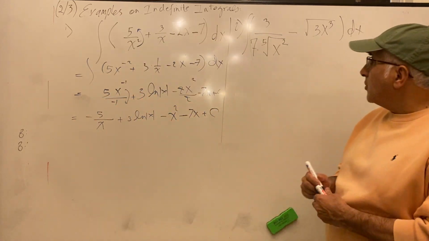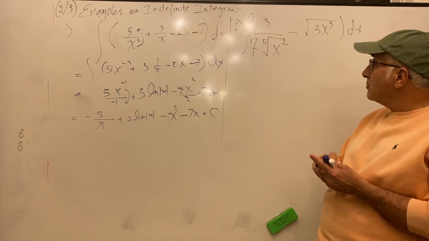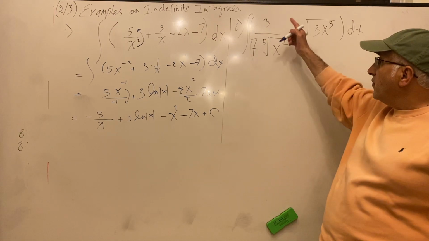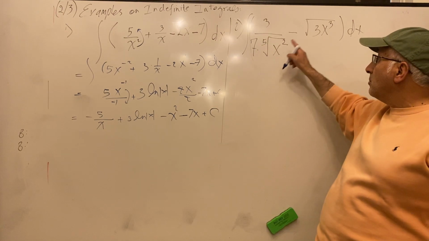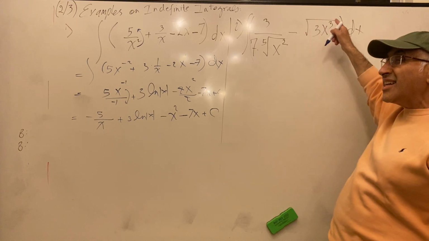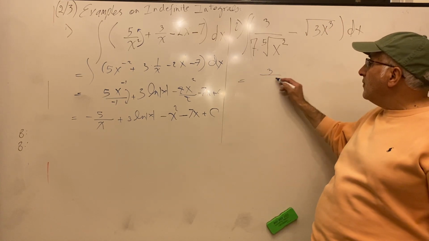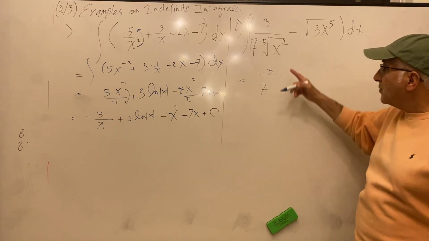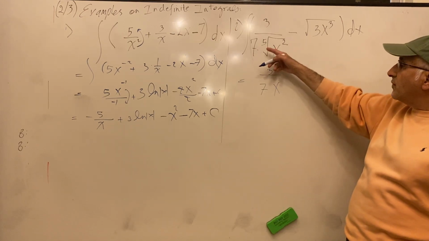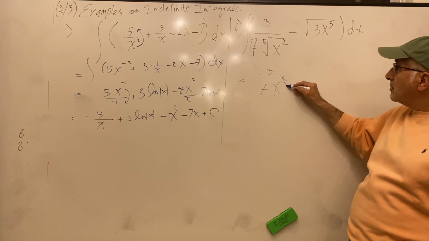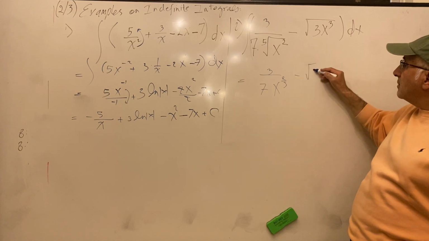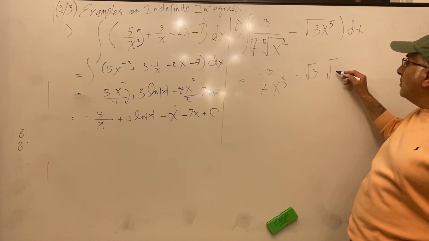How about we look at the second question over there? 7 over 3 over 7, the fifth root of x squared, minus the square root of 3 times x cubed. In such a situation, my advice is to rearrange the powers. This can be written as a power of 2 over 5. And that one should be split separately, each one of them alone.